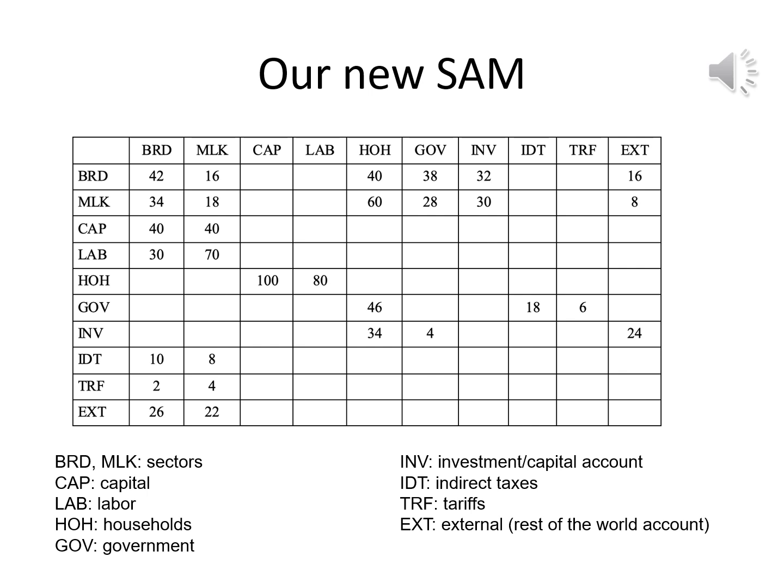Then we have two new accounts, which are actually related to government, but we prefer to keep them aside for convenience as separate entities. The first one of these is IDT, which is indirect taxes, and the second one is TRF, tariffs. Indirect taxes are something like production taxes. So for example, the producers are paying to the government for the production activities.